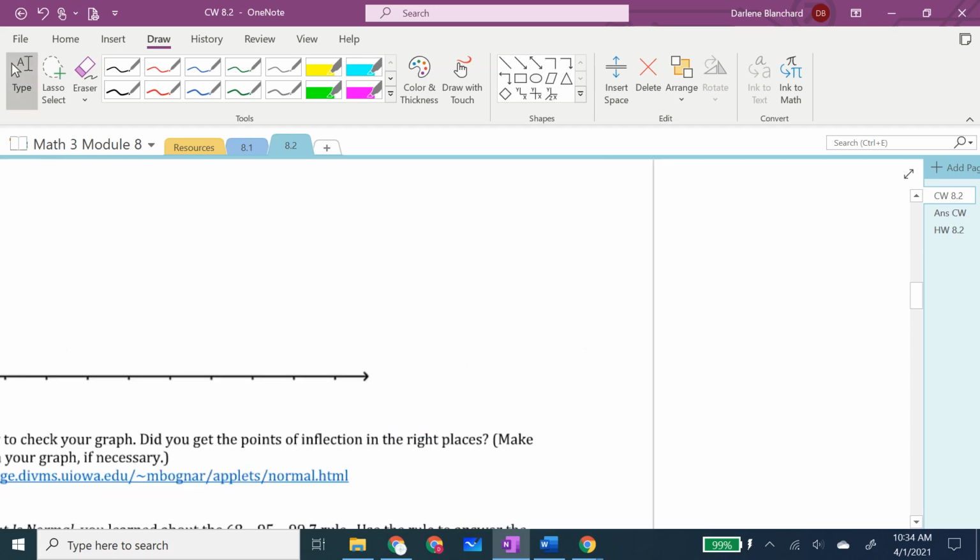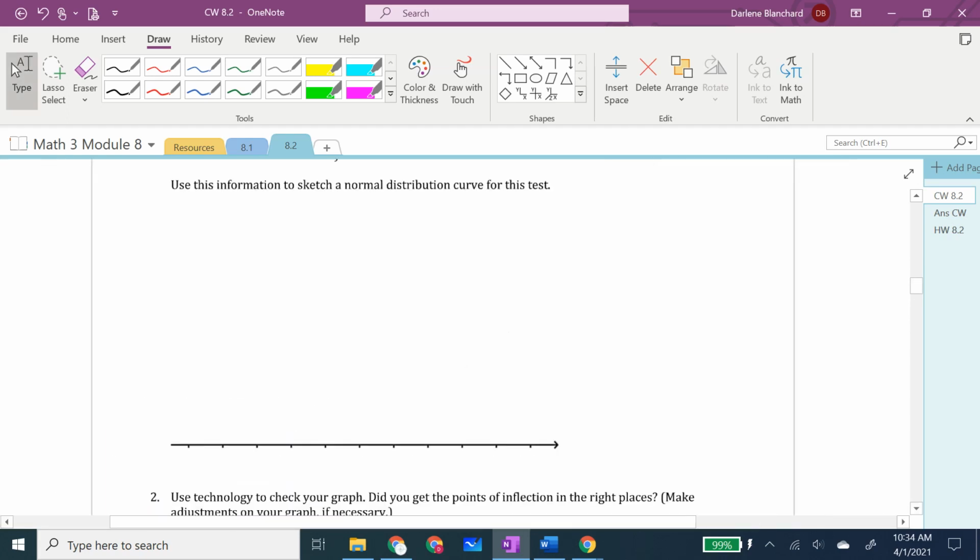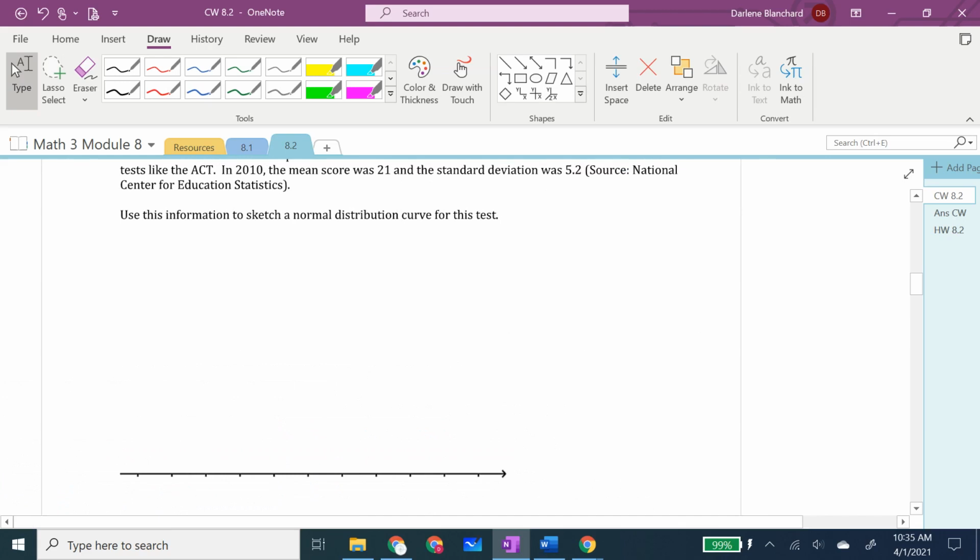And I want you to know that in the next problem, you are expected to sketch a normal distribution curve. When you sketch a normal distribution curve, you want to choose a center, and that's the highest point.